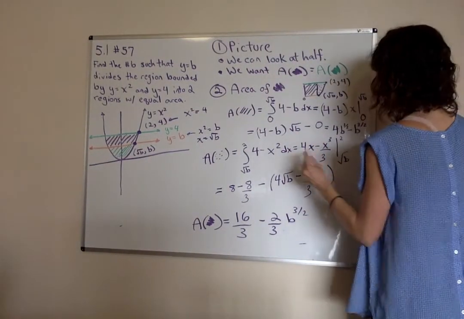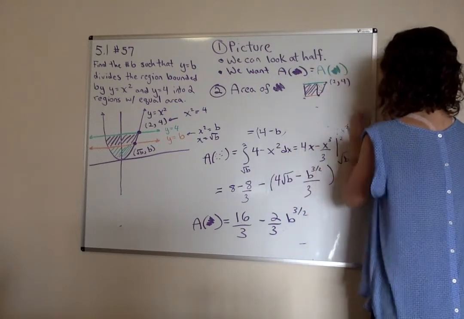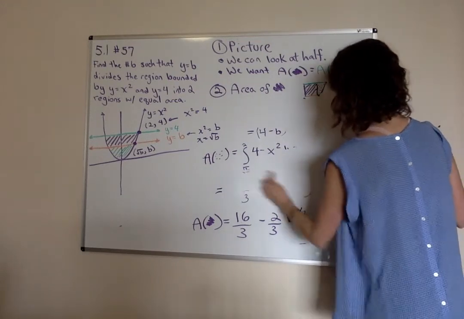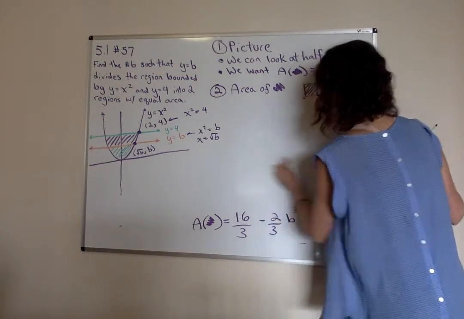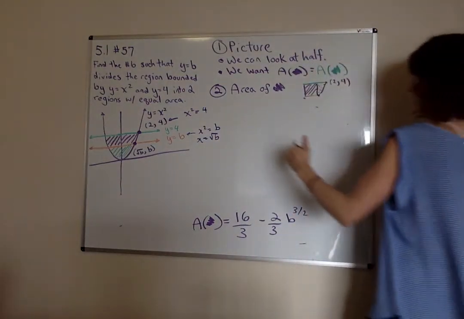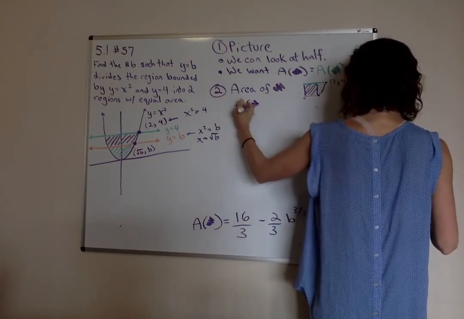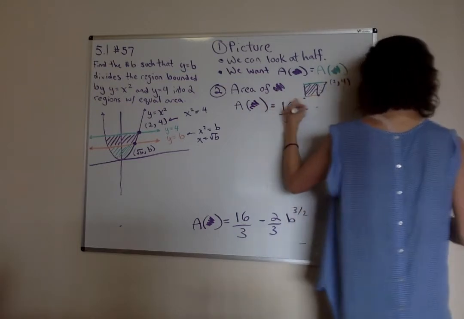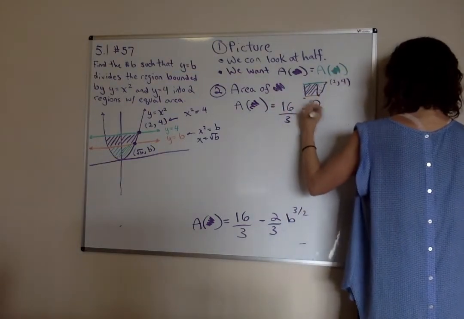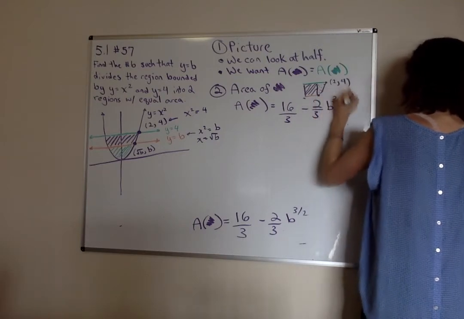So the area of the purple is 16/3 minus 2/3 b to the 3 halves.